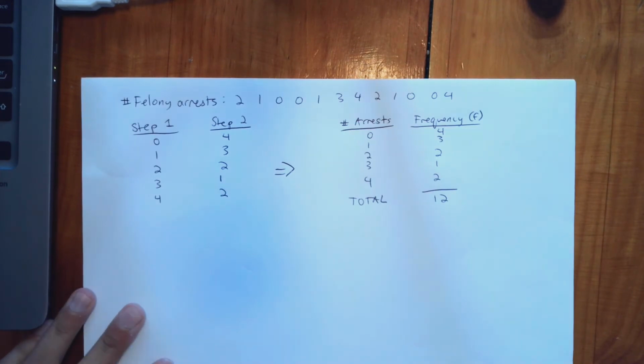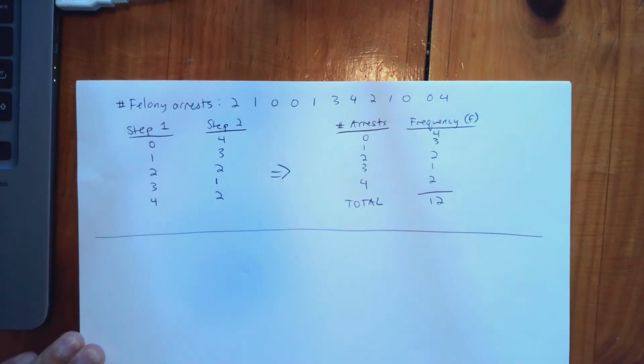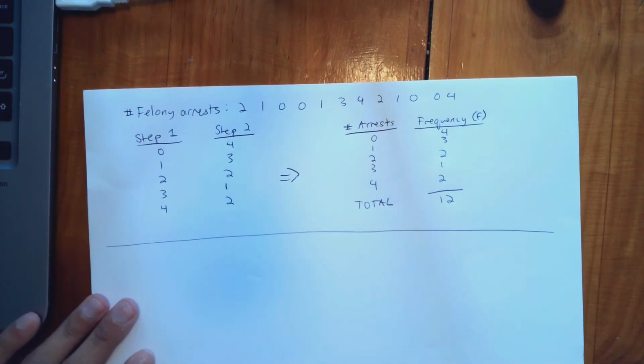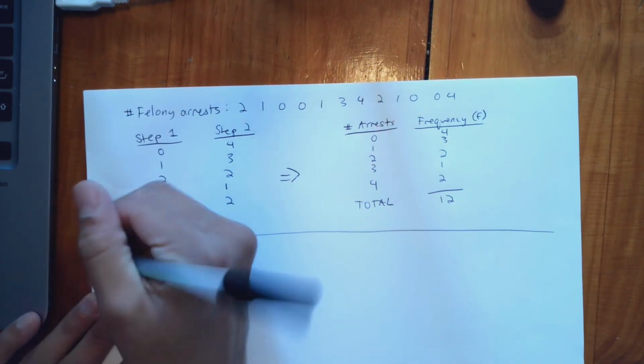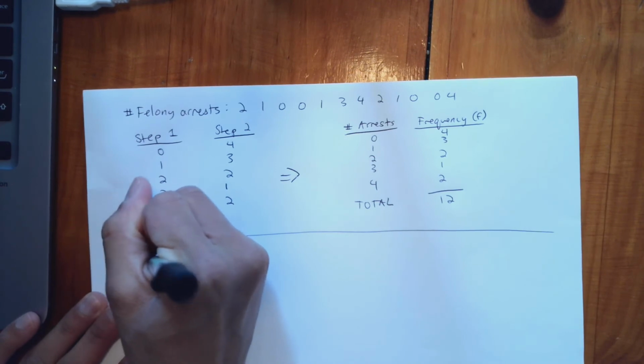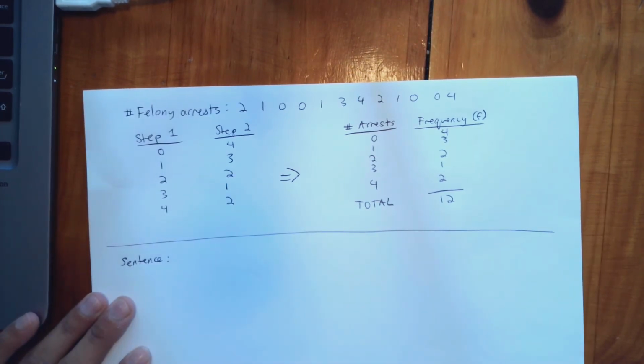As I mentioned though, you can do this for variables at different levels of measurement, so I'm also going to go through an example of a frequency distribution using an ordinal level variable. So here we're going to say that there are different sentence types, and they range in severity from least severe to most severe.